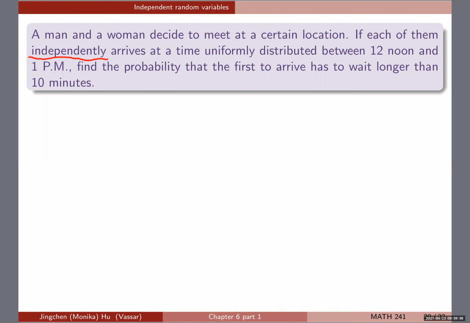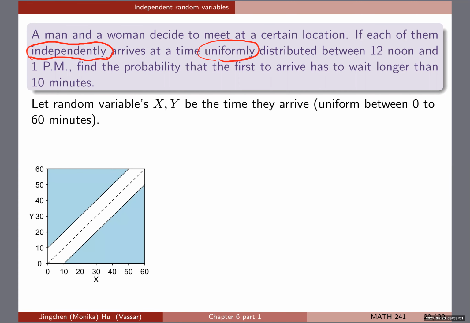Here, we know that they're independent. The second thing is that each of them is uniformly distributed over the 60 minutes. So let's start with defining the question using mathematical terms. Let X and Y be the time that they arrive, uniform between 0 and 60 minutes. I'm including a graph here, which is another useful thing for you to try as well.